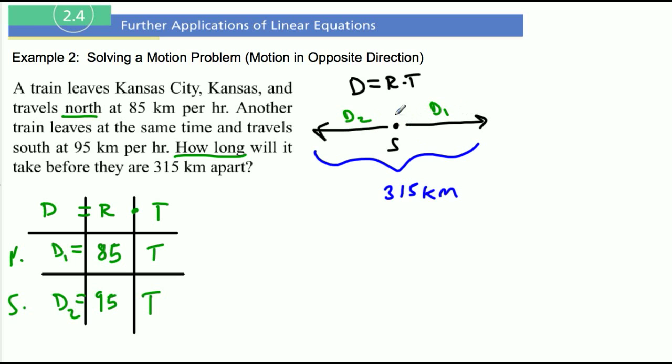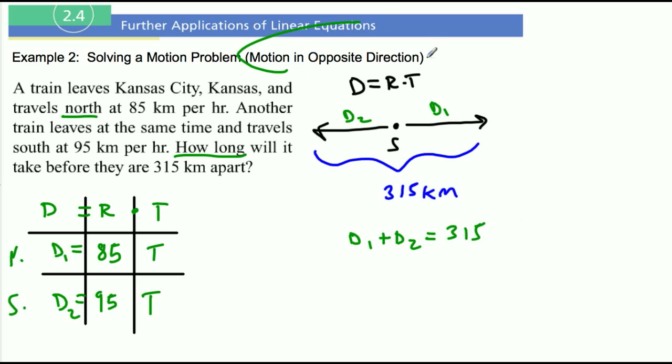That means I'm going to add my distance of D1 and my distance of D2, and collectively, if I take their sum, that better be equal to 315 kilometers. So I can create a mathematical equation: D1 plus D2 equals 315.